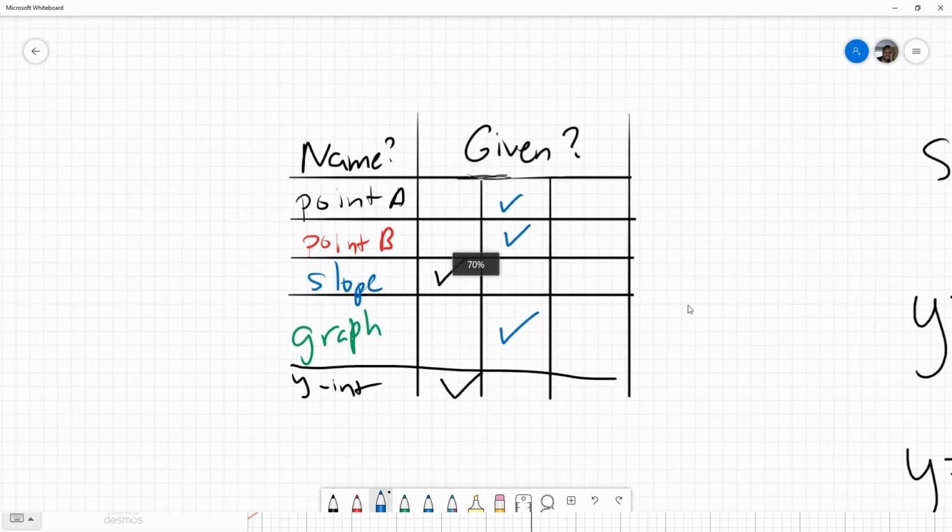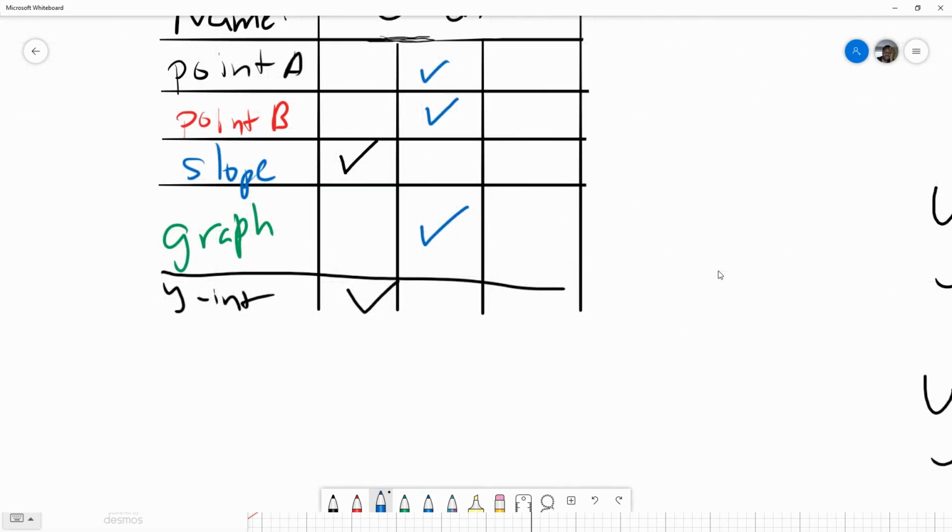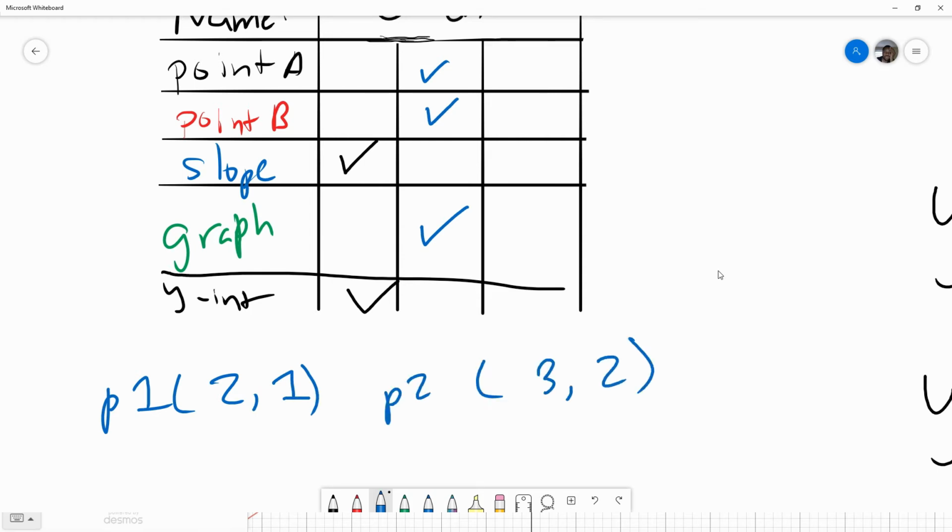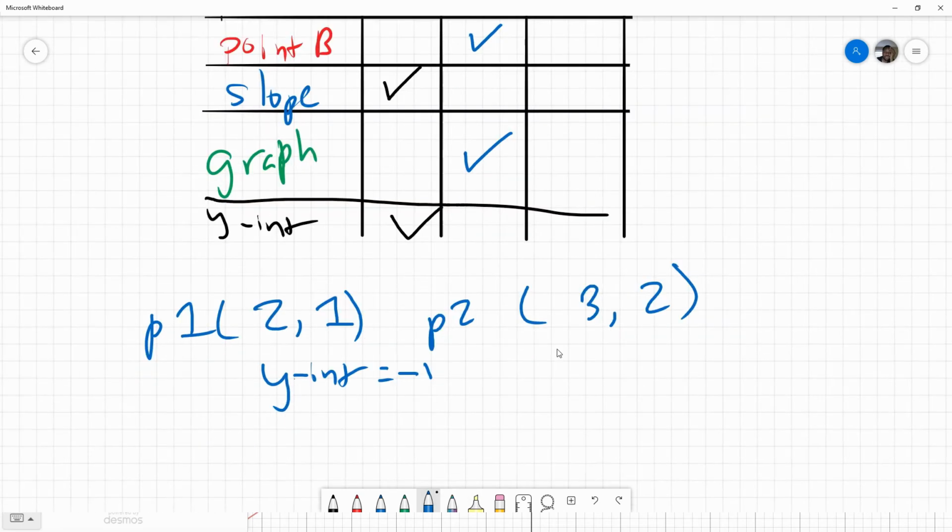So for example, if I said, hey, I have point 1 of (2, 1), point 2 of (3, 2), and I have a y-intercept of, let's just say, negative 1, I could make my line.